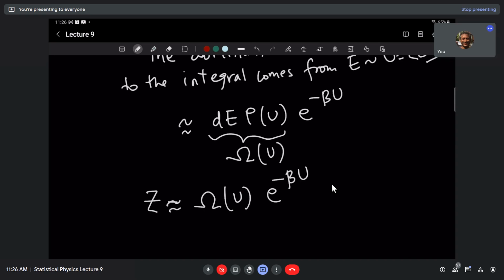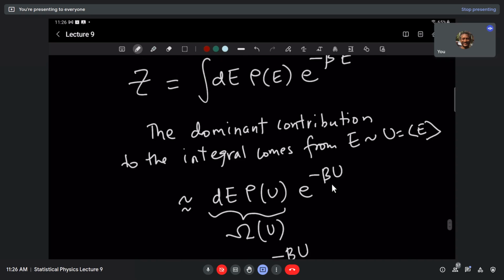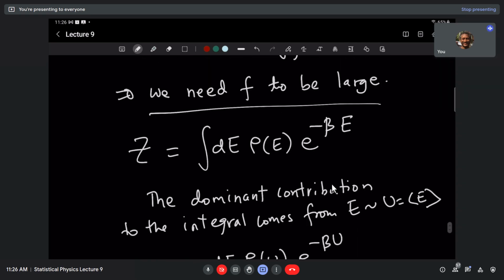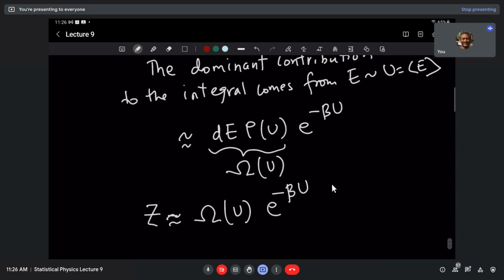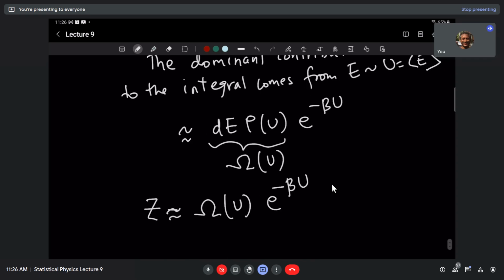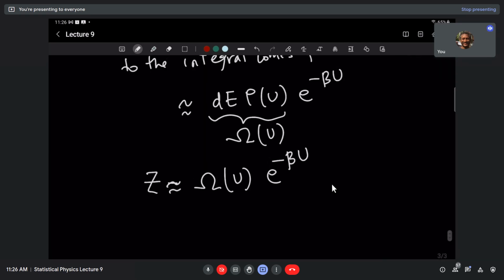Is this clear? This is an approximation, but it is pretty good if f becomes large. The dominant contribution of the integral comes from the neighborhood of that point, so we can just write it like this. And this was our definition of omega of state.